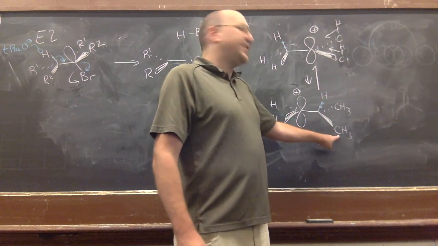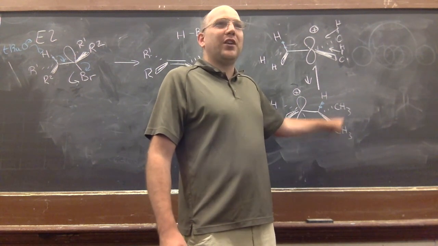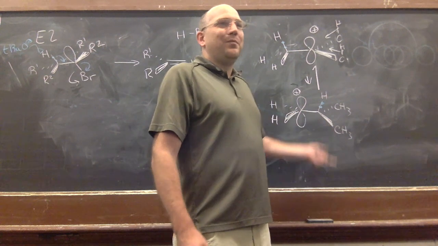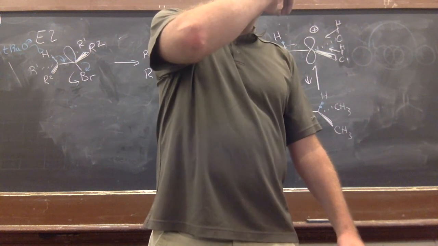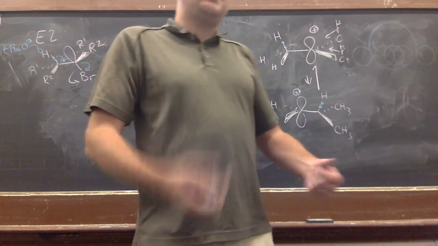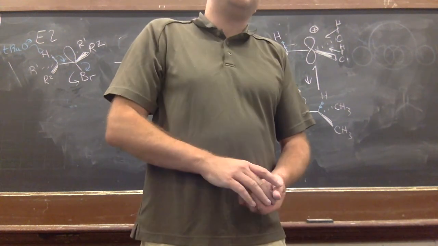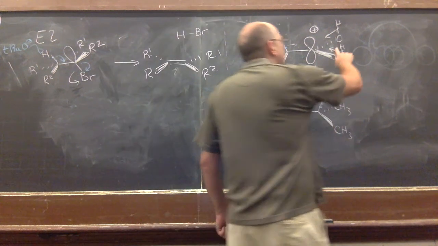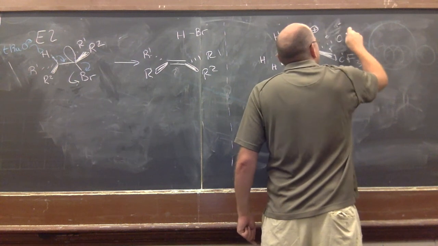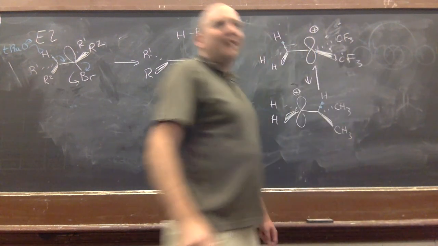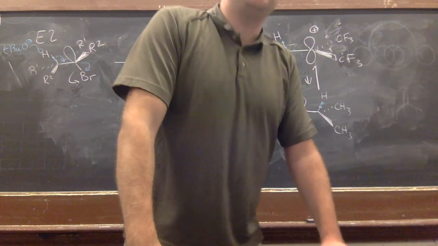So if these were CF3s, really super electron withdrawing groups, maybe not, because the halogens can donate their electrons back in and form a resonance form. If it was like a CF3, maybe. But then you're probably never going to form that carbocation in the first place. The CF3s are very strong electron withdrawing groups.